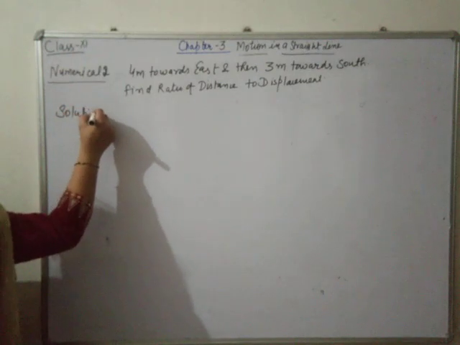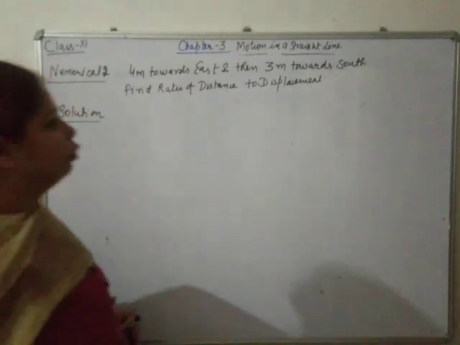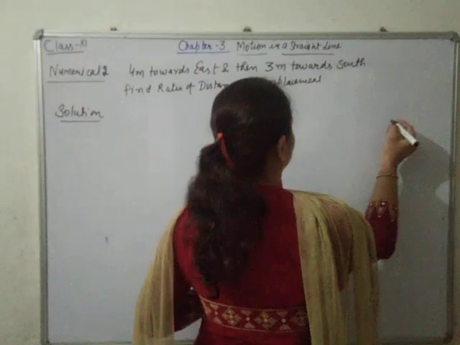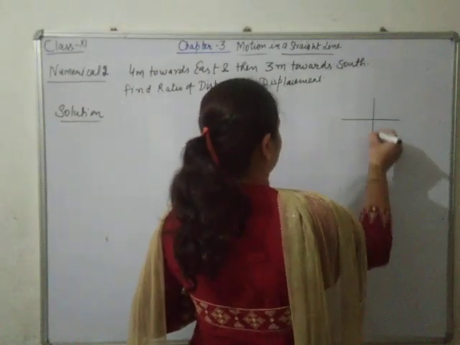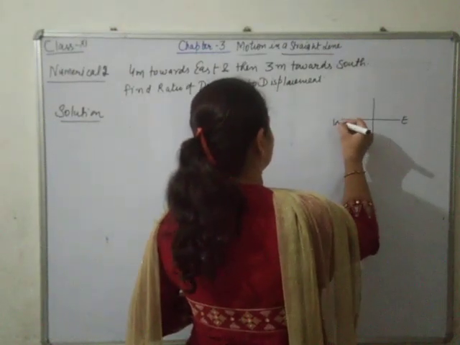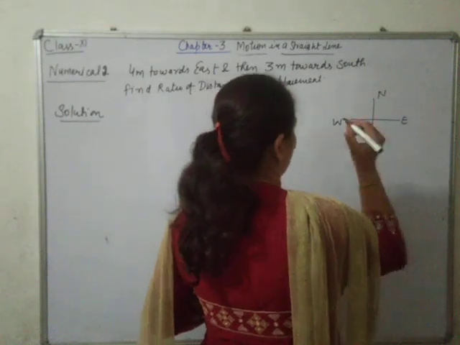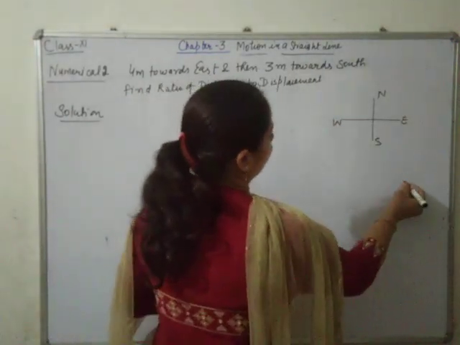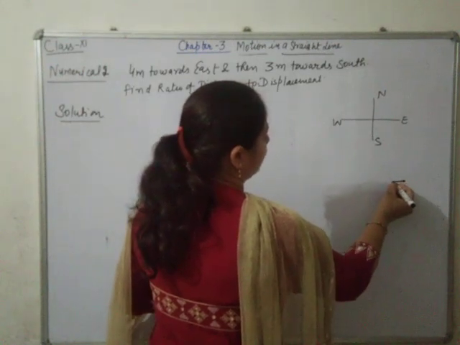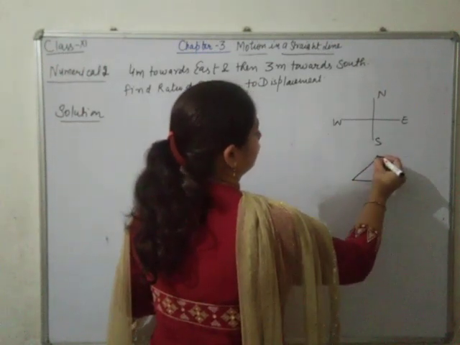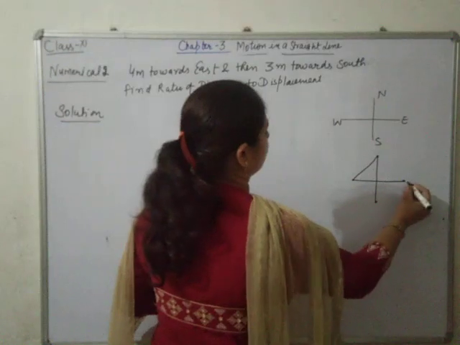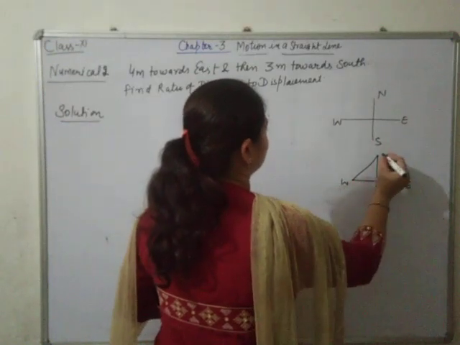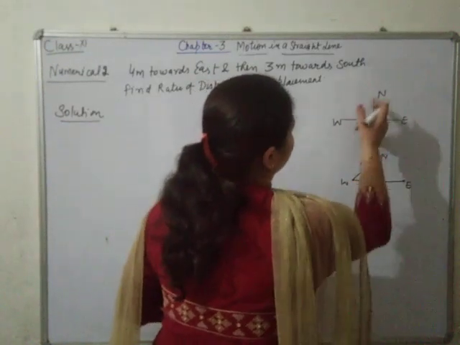When direction is given, you have to consider east, west, north, south. I used to teach students by making a cross starting from here: east, west, north, south. In this way you can learn.